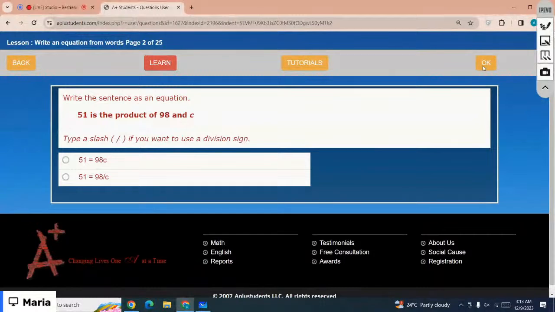Product, that is a product of 98 and C. So yes, option number one is the correct option. 51 equals 98 times C. Product means you need to multiply both the values, right?